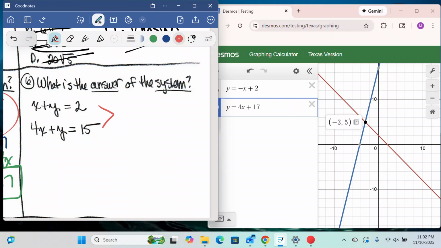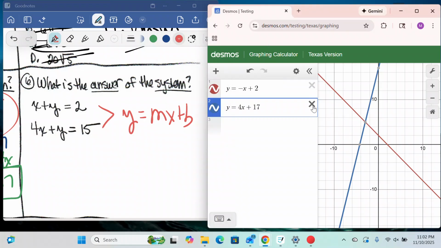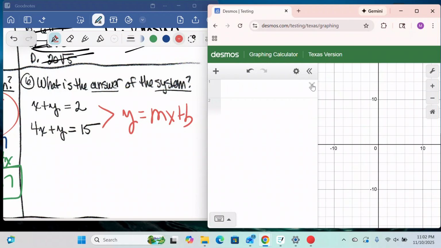Once again, we've got to get it into this form, because remember, Desmos does not like implicit equations. It likes y equals mx plus b. That's the only thing Desmos does. So I'm going to clear my Desmos to have it ready, and then I'm going to solve each one.